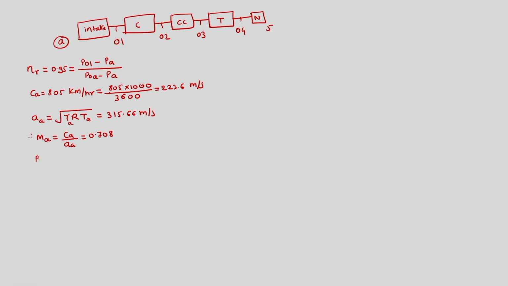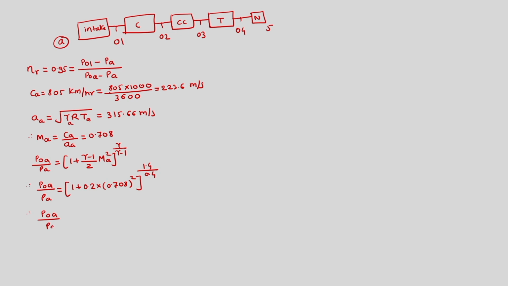Knowing this Mach number, we know P0a upon Pa is [1 plus (gamma minus 1) by 2 Ma square] raised to gamma upon gamma minus 1. So here we know P0a upon Pa is 1 plus (1.4 minus 1 is 0.4, 0.4 divided by 2 is 0.2) into (0.708) square, bracket raised to 1.4 divided by 0.4.